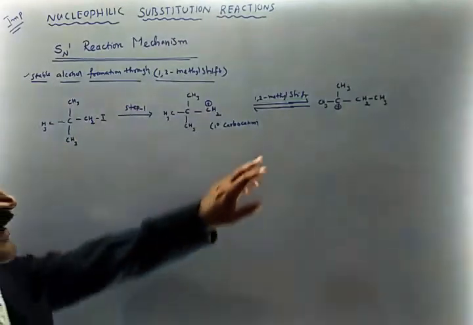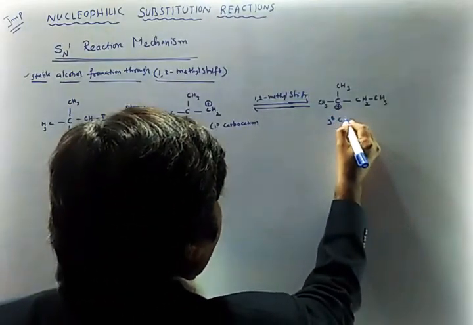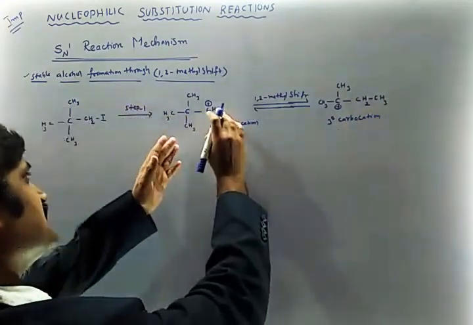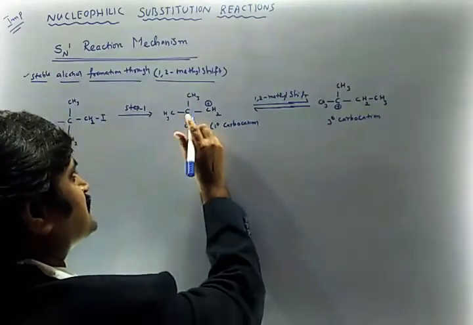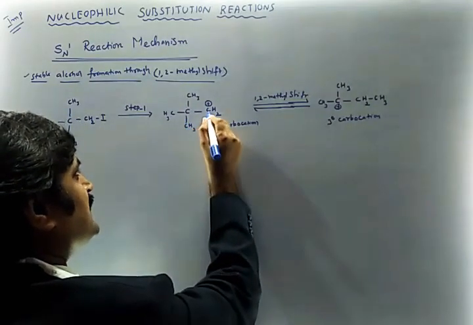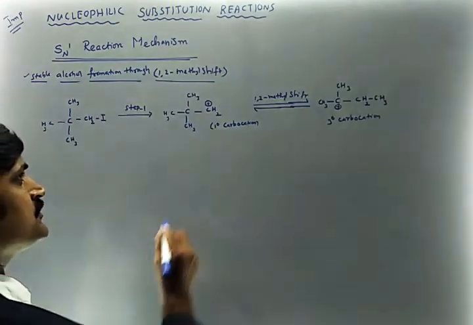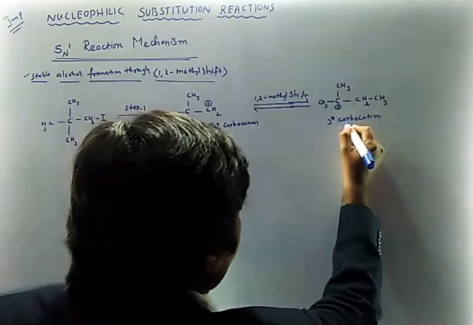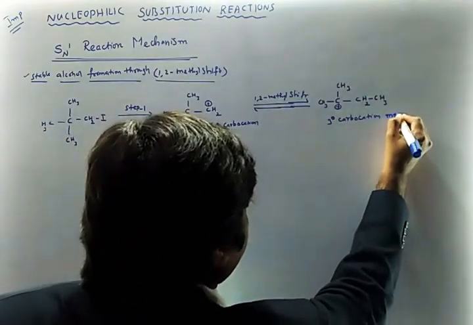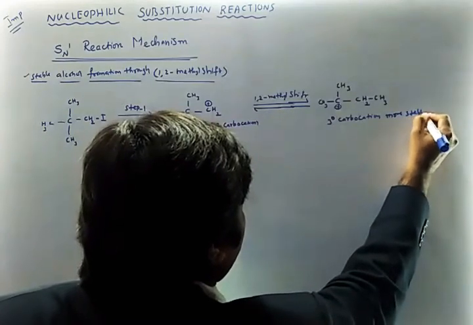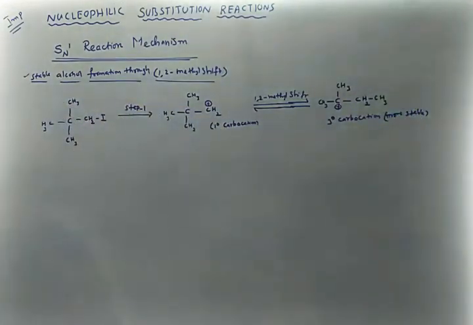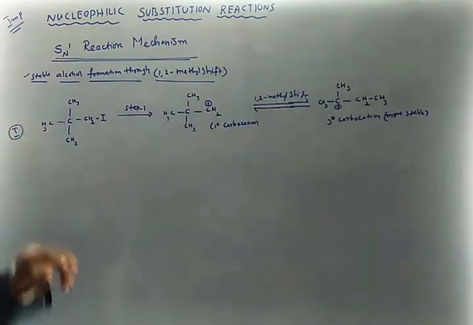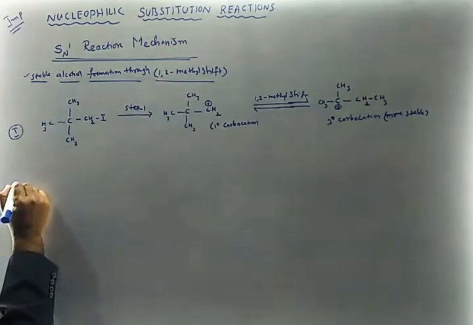So this is a tertiary carbocation, which is stable. Let us observe that a shift happened. This bond with the methyl group went along with its electrons towards the carbocation. So we got the more stable tertiary carbocation in the first step itself, by taking neopentyl iodide.